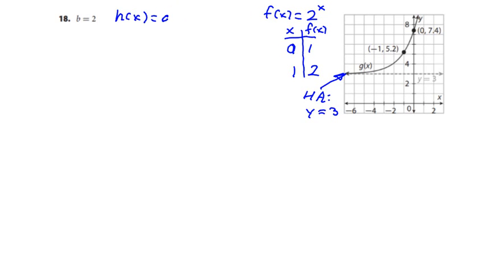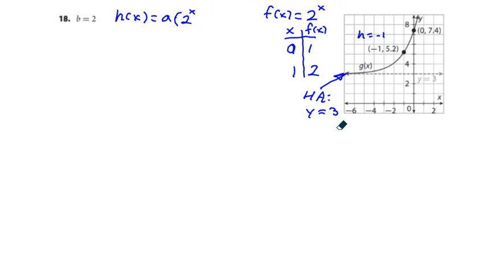So we're going to have h of x equals a, which we don't know yet, times b, and we're given a b of 2. I'm going to put this in parentheses here. 2 to the power of x minus h. Well, in this case, our first reference point tells us h is going to be equal to -1.